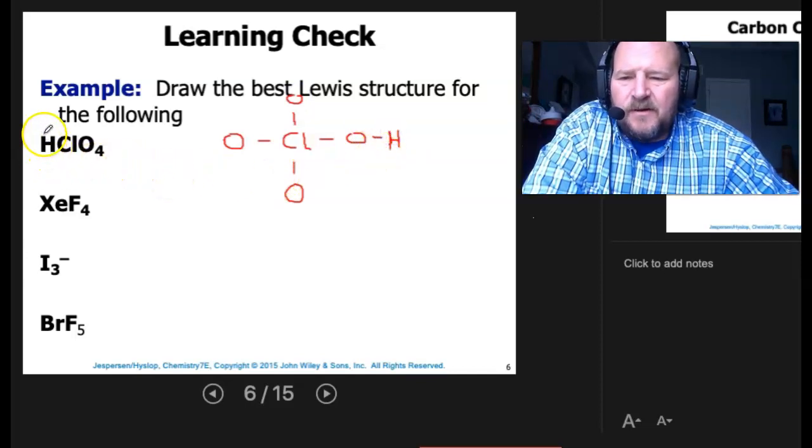And so we have 1 plus 7 is 8. Then 6 times 4 gives us 24, which means we have 32 electrons. We've used up 2, 4, 6, 8, 10, so we have 22 left.